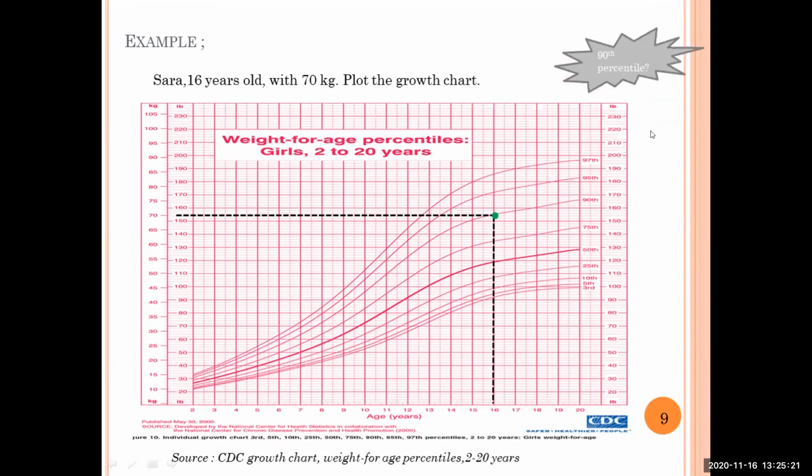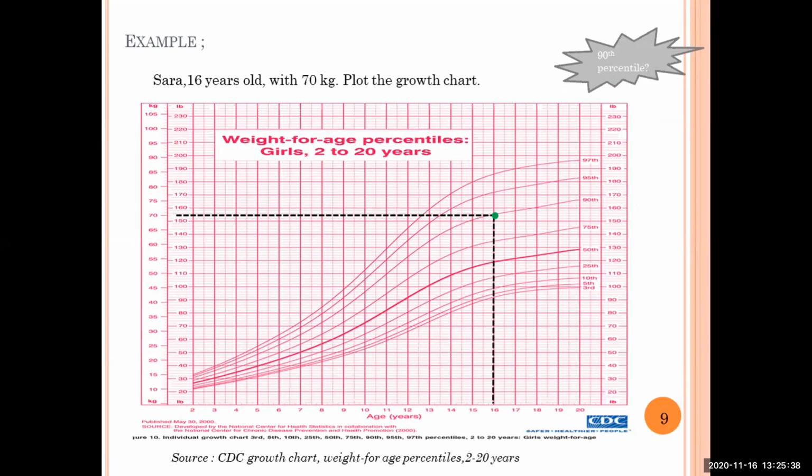So what does 19th percentile mean? It means Sarah weighs more than 90% of other children of the same age, or she weighs less than 10% of other children of the same age.